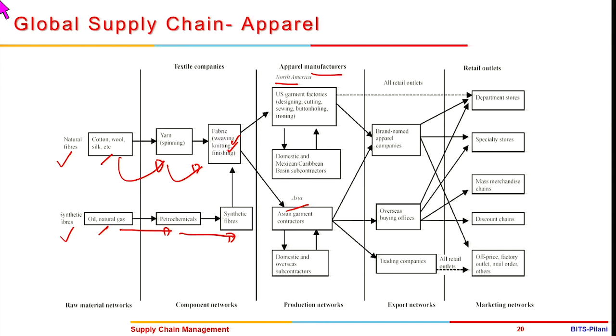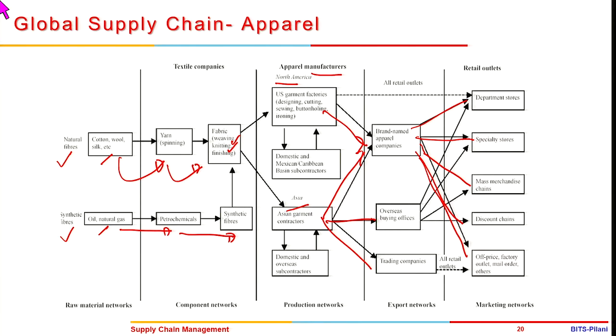And then these manufacturers will sell and export through various agencies. It could be trading agencies, overseas buying offices of the company, or it could be sold directly to the apparel companies. And these apparel companies will brand it and sell to departmental stores, specialty stores, mass merchandise, discount stores, and factory outlets.